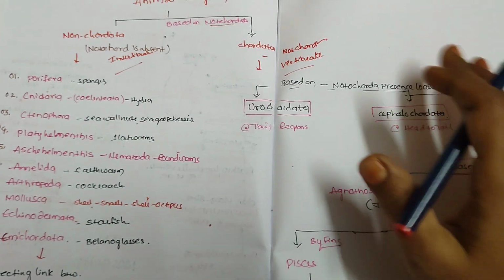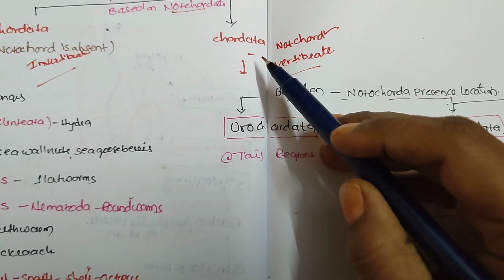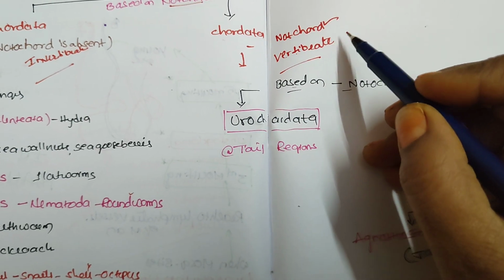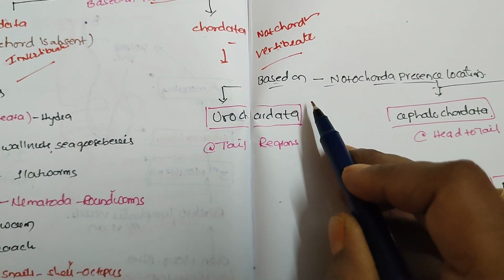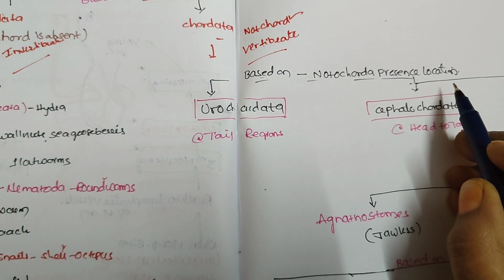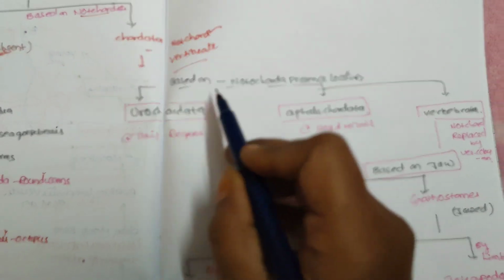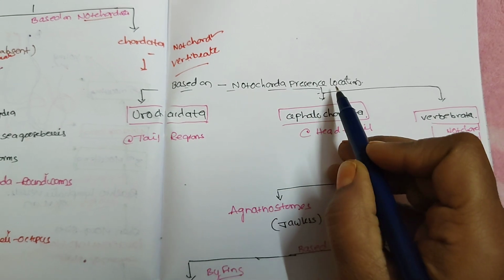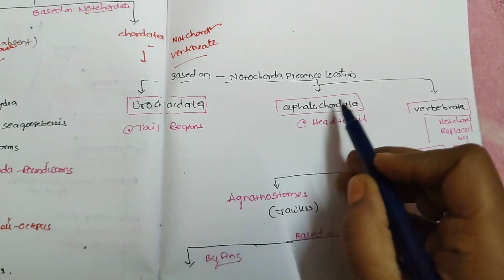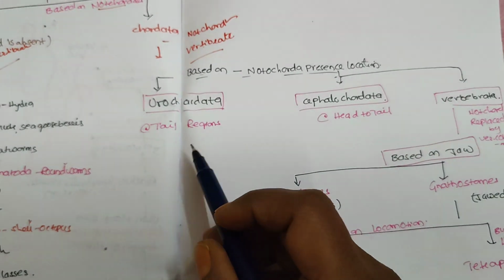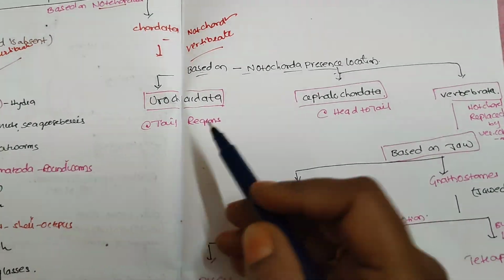Then come to chordate. Chordate means it has a notochord. They are also called vertebrates. Based on the notochord, there are 3 classifications, based on the location of the notochord. Where is the notochord present? Uro means tail region. In Urochordata, the notochord is present at the tail region.